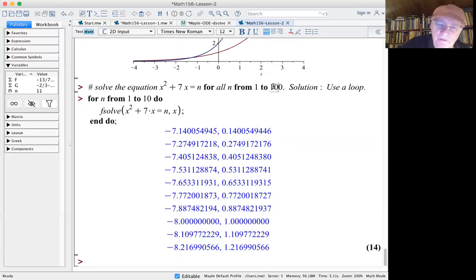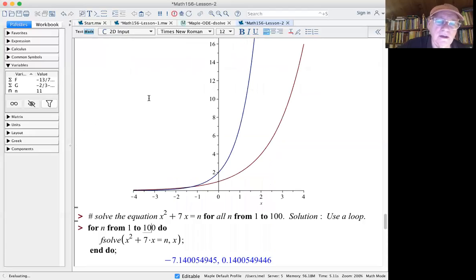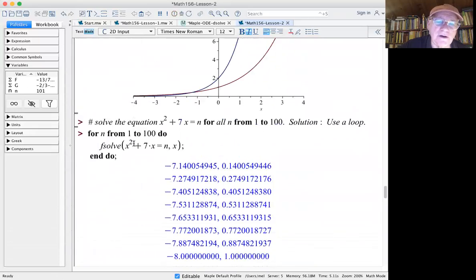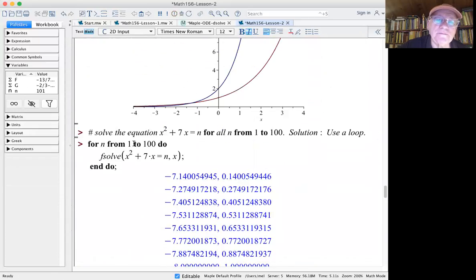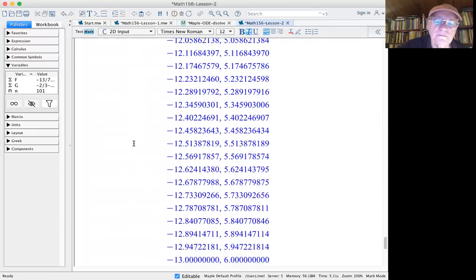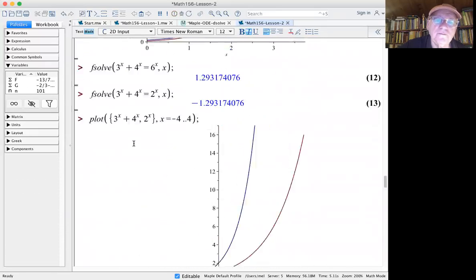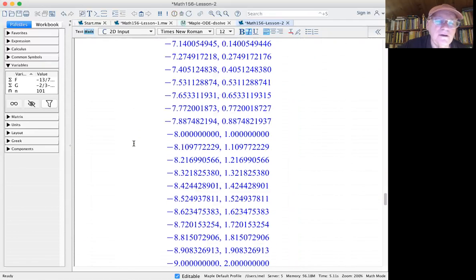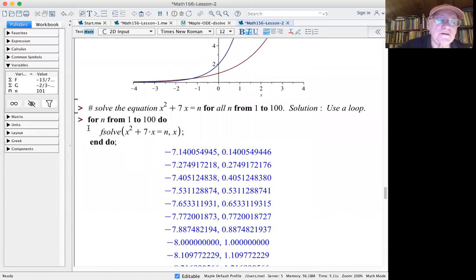If I make this 100, I actually have 100 lines on my computer program. I just solved 100 quadratic equations.